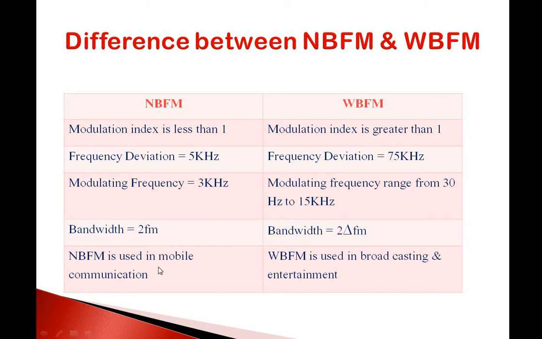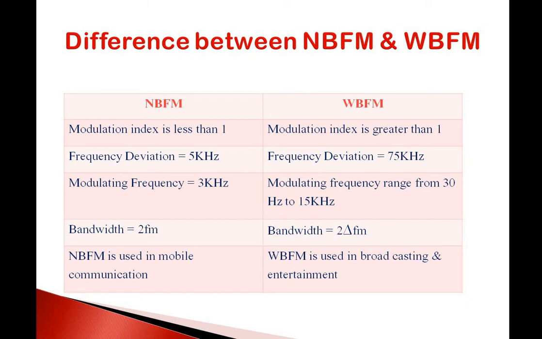And the bandwidth: what is the bandwidth formula for narrow band frequency modulation? Yesterday we did it in the time domain representation. It consists of the carrier wave plus 2 sidebands. So the bandwidth is similar to that of amplitude modulation, because the time domain representation of narrow band frequency modulation is similar to that of amplitude modulation.